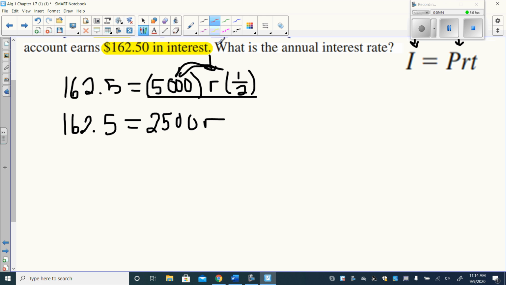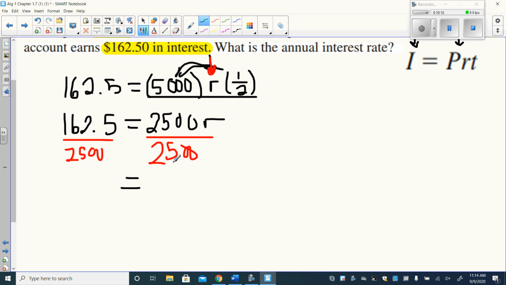Now, again, what are we solving for? We're solving for R. So the first thing we did is we simplified the right side, and we got 2500 R. Well, I just want to know what R is, so to get R by itself, we're going to divide both sides by 2500.